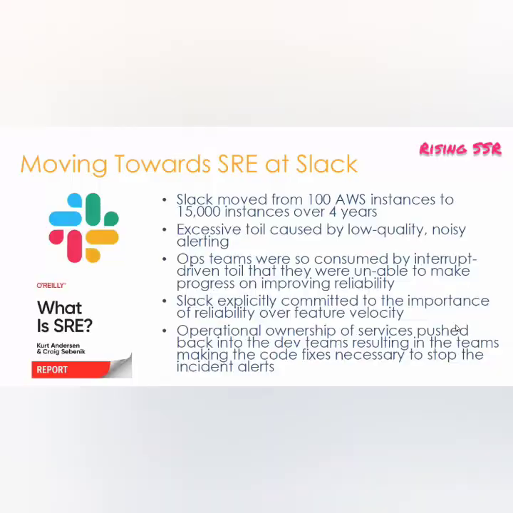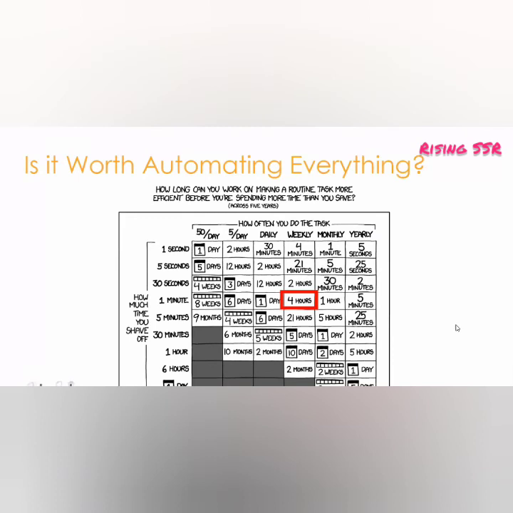Now, a very important question. I think we briefly touched on that. Automation. Everyone talks about automation, but is it worth automating everything? Right? There can be certain activities which obviously, yes, we can automate, but at the end of the day, what we have to do is a cost benefit analysis, right?